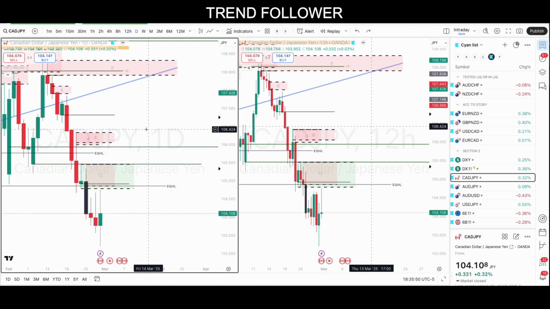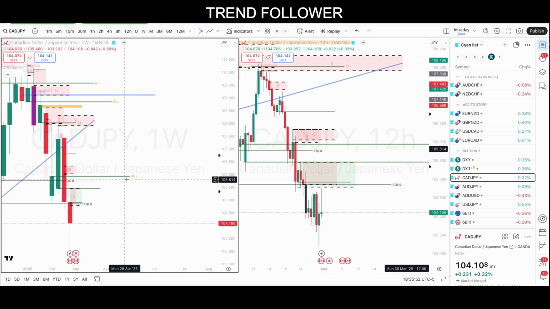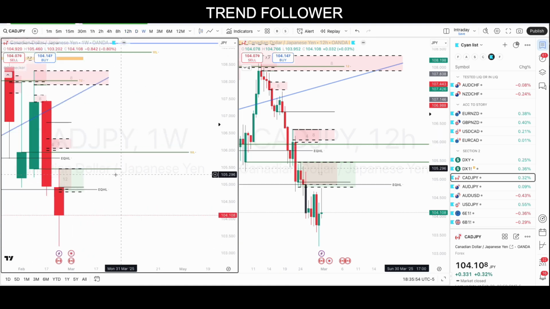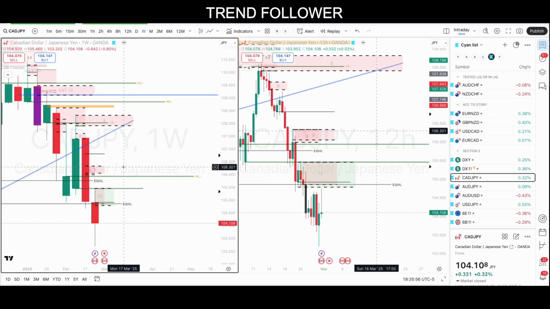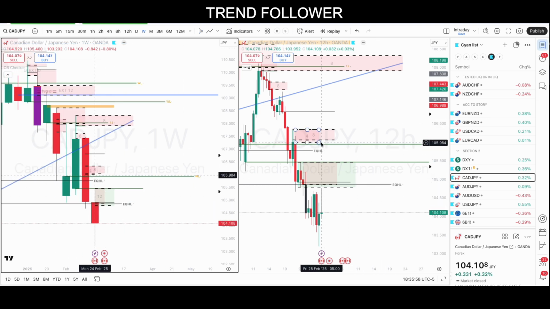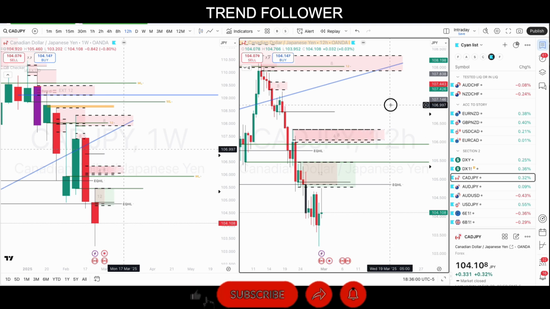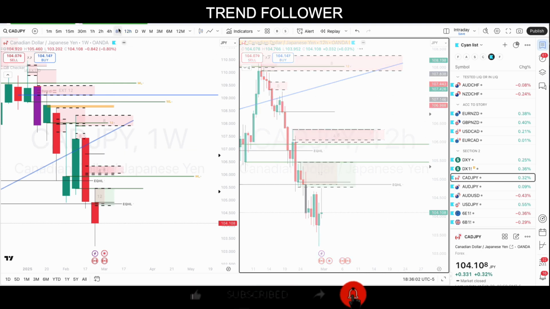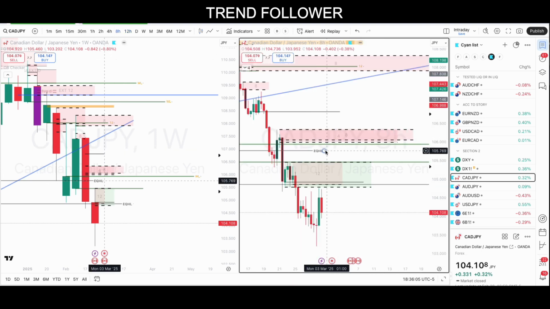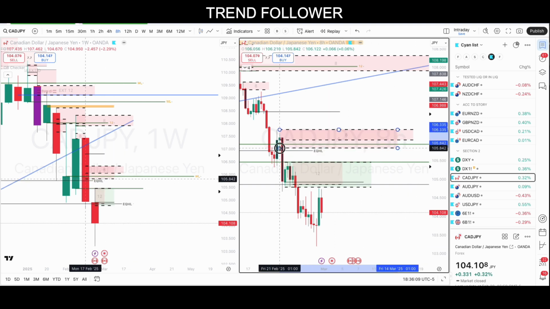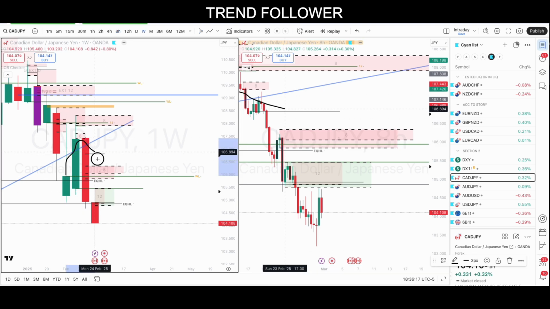The second structure, which I really like about CAD is, let's say we get a huge bounce and there's some kind of manipulation. So you have this zone here. Let me show that, right here. In this case, because it's in the weekly and everything, it should have bounced right here.